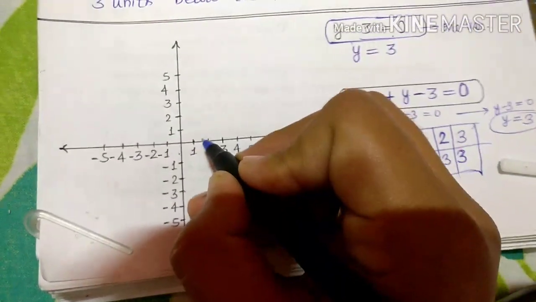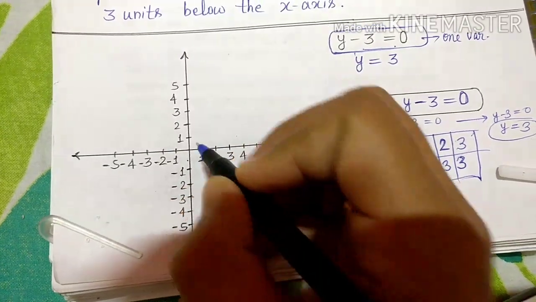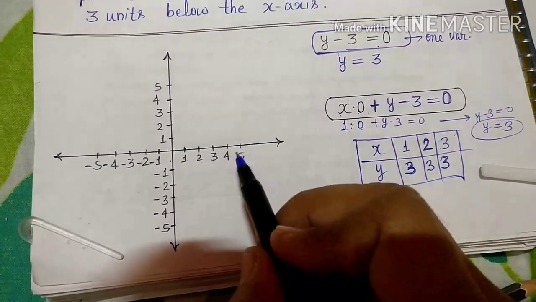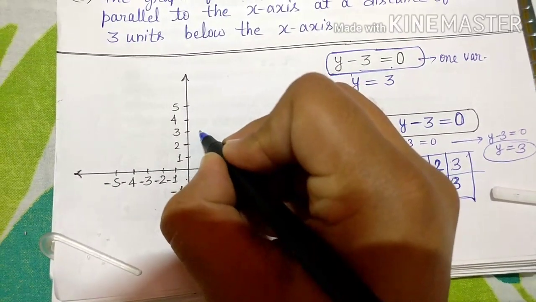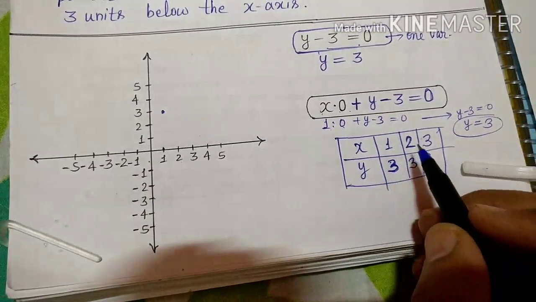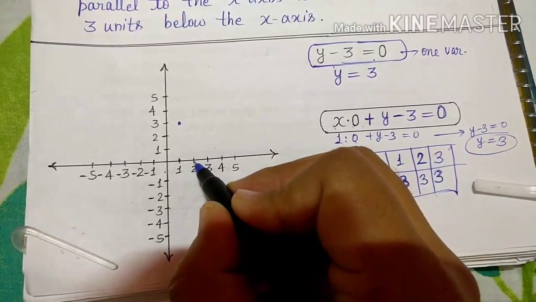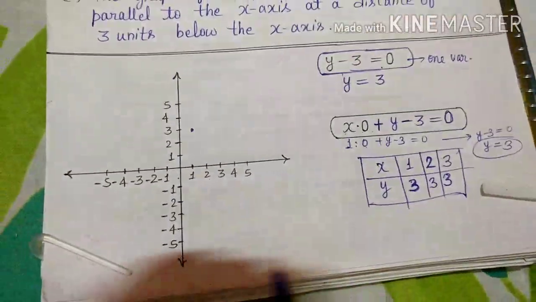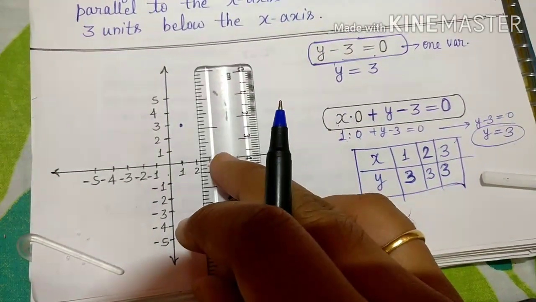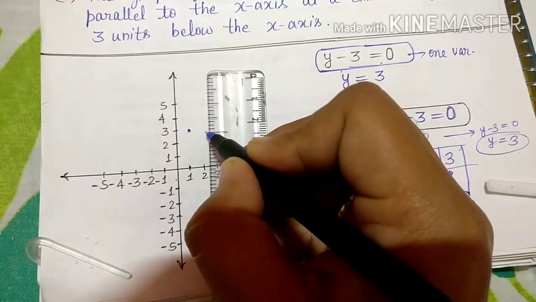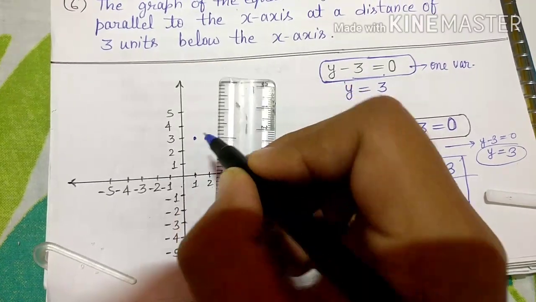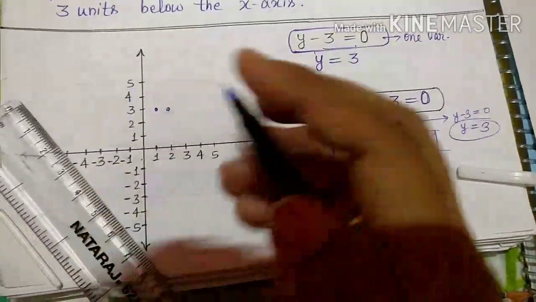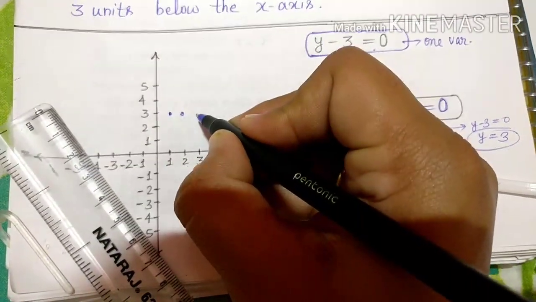So 1 comma 3 is here, this is the point. Then 2 comma 3. So 2 is here, and where is 3? A straight line, you can use the scale. This is 2 comma 3, just above. Then the next point is 3 comma 3. 3 is there, again a straight line like this.